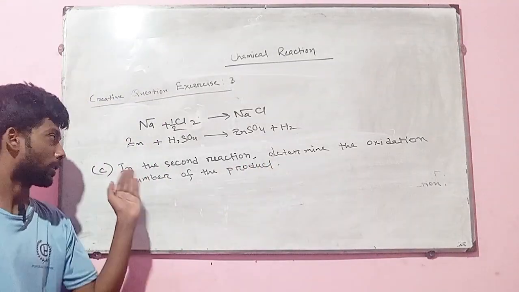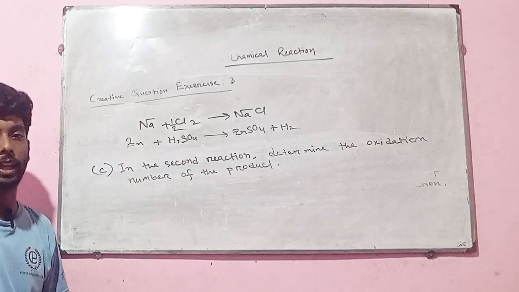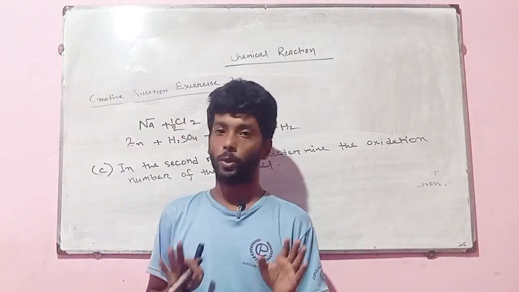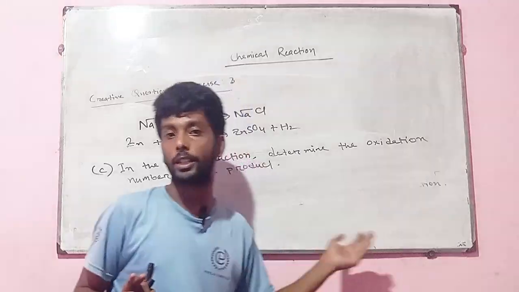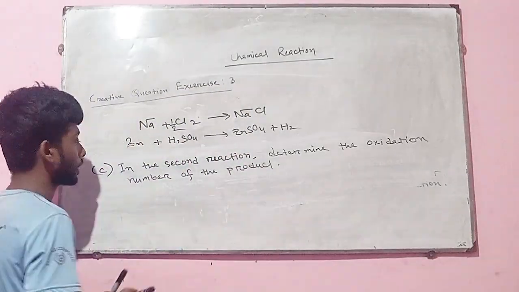This was the question. We know the determination rules of oxidation number, so I'm not going to illustrate those formulas. I will just directly solve it, and I think that all of you will understand it better.